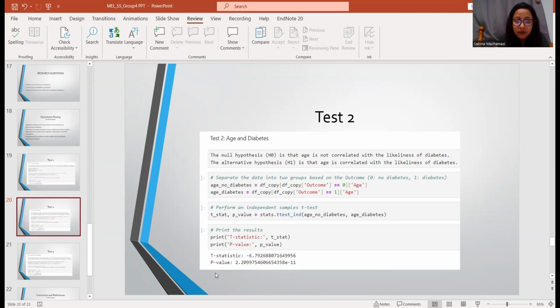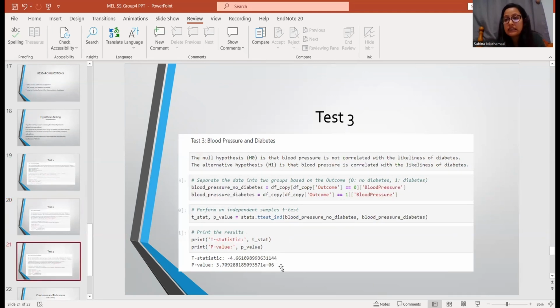Here also we can see the p-value is more than 0.05, which is 2.2, and it also accepts the null hypothesis. We get the same result in test 3, which is conducted for blood pressure and diabetes. The p-value is 3.7, which is more than 0.05. Thus, it also accepts the null hypothesis.